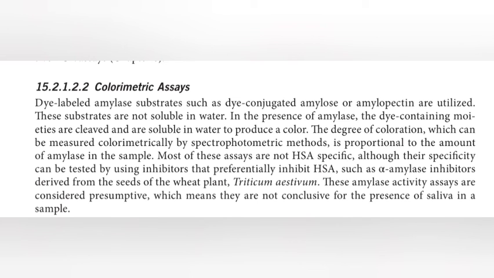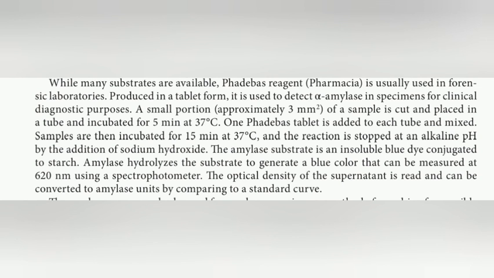Then the second antibody, which is also an anti-human HSA antibody, is added to form an antibody antigen antibody sandwich. But this second antibody binds to another epitope of the antigen.